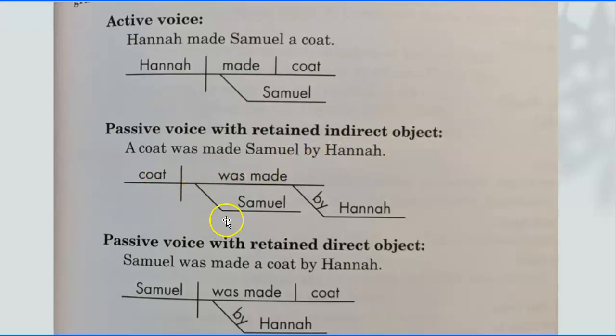Coat was made, so then we put Samuel right there. That still stays as the indirect. And then by Hannah goes also under the verb, and you could argue either one. It's still part of the retained, or it is a prepositional phrase.